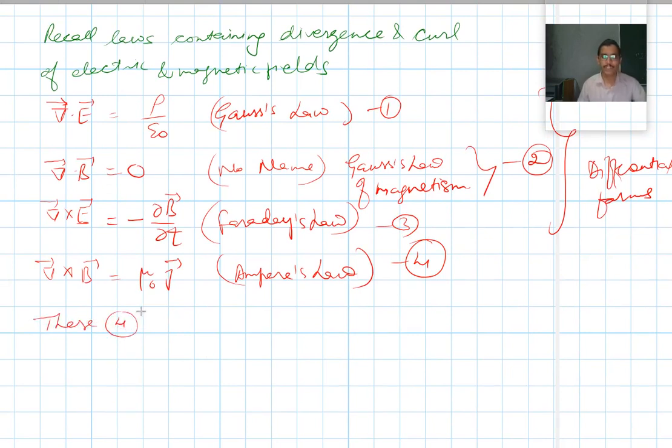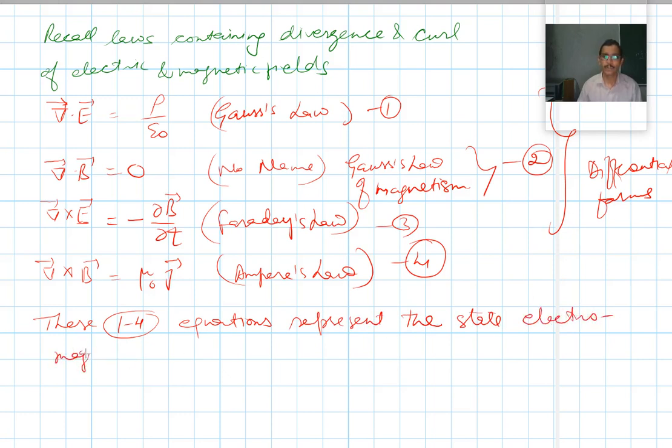These 4 equations represent the state of electromagnetic theory before Maxwell.